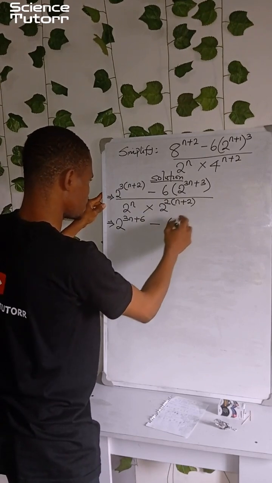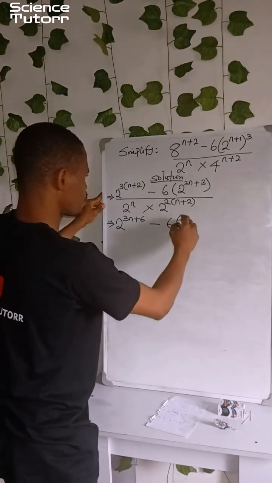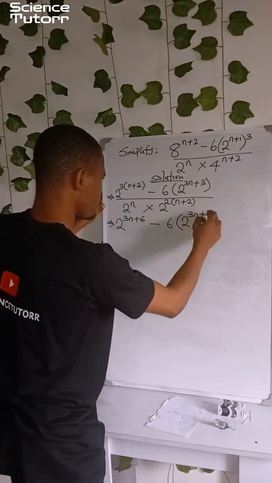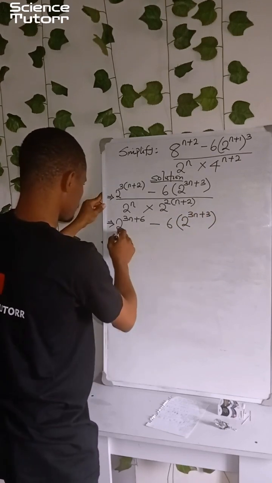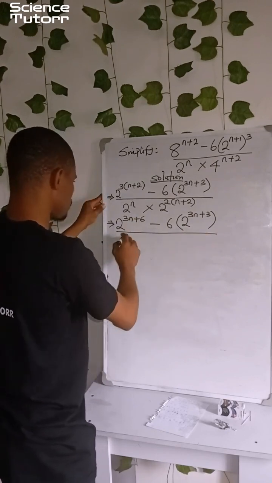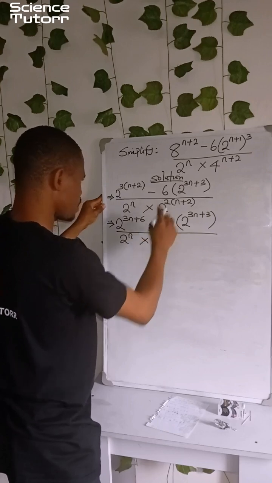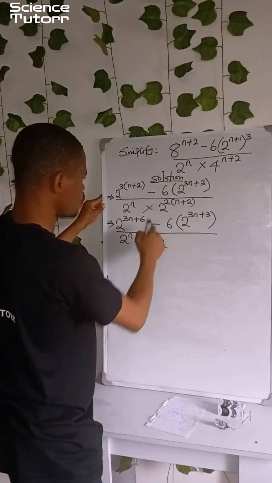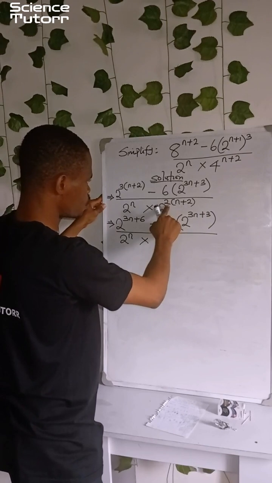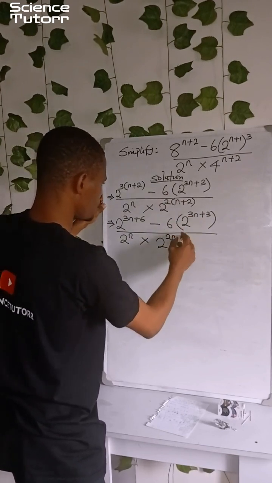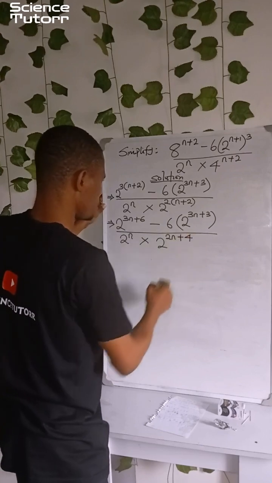Minus, this is 6 into 2 raised to power 3n plus 3, divided by 2 raised to power n times, now see what happens here. 2, these are power, so 2 times n gives us a 2n. 2 times 2 gives us a 4.